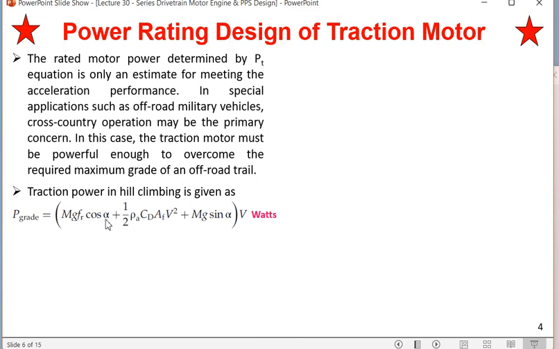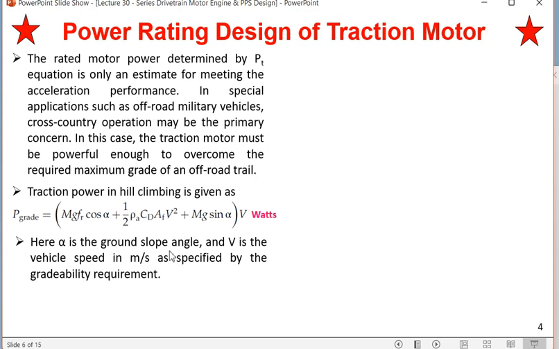Cos alpha is nothing but the cos of the angle of the road, that is the gradient. Aerodynamic resistance is not dependent on alpha directly, but the half factor is there: half rho A CD AF V square. And mg sin alpha is the weight component of the vehicle, m is the mass, multiplied by v. V is nothing but the forward velocity of the vehicle. This is in watts. So this is the grade power.